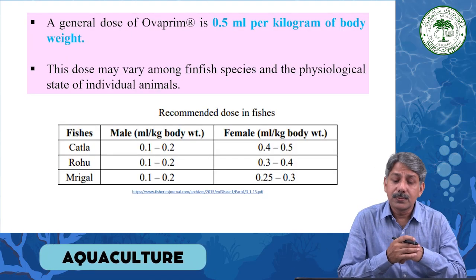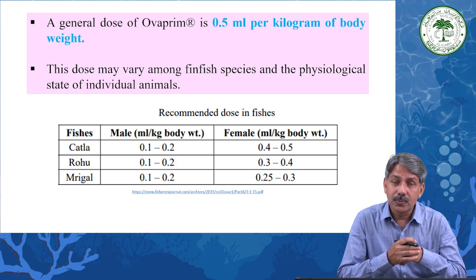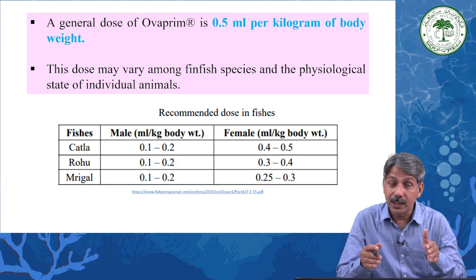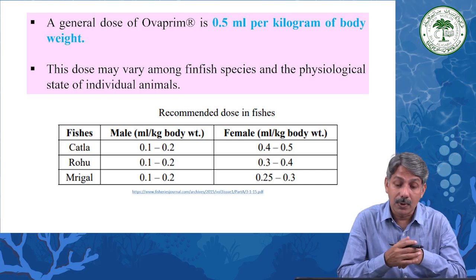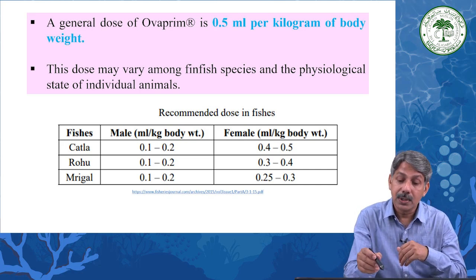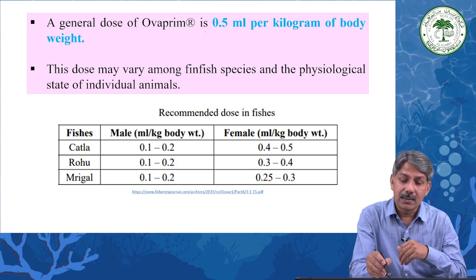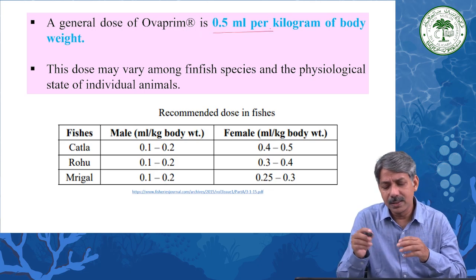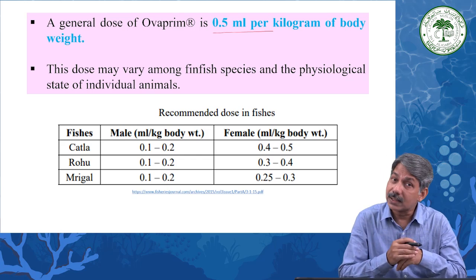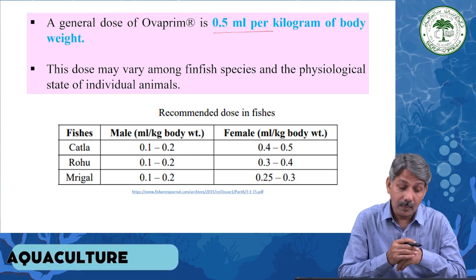What are the doses of overprim which have been used for induced breeding of fishes? Especially in our country, I'm focusing more on the fishes which are from our country, especially the Indian major carps. 0.5 ml per kg body weight is the general dose, people say, usually for females in case of Indian major carps.